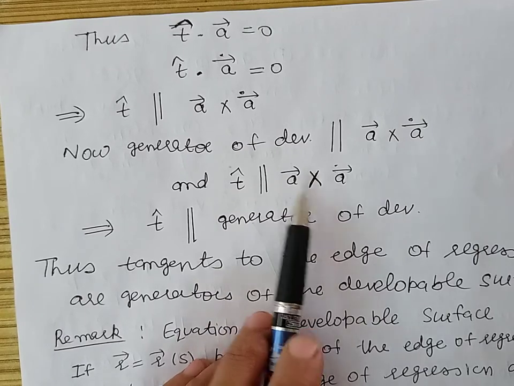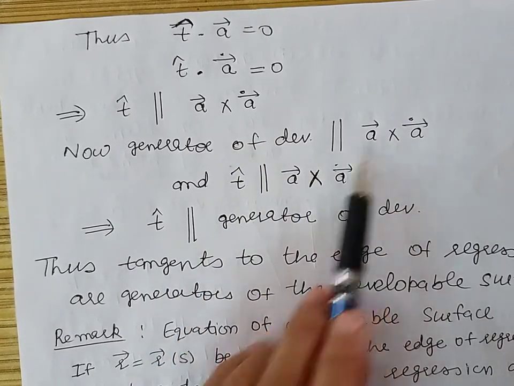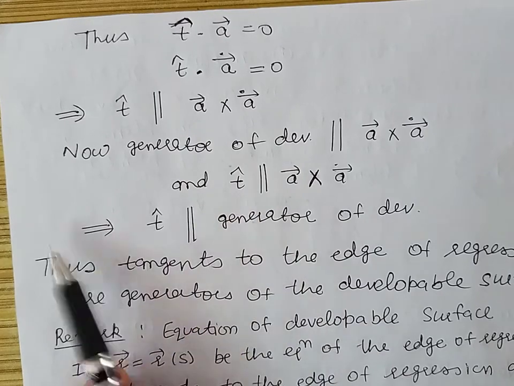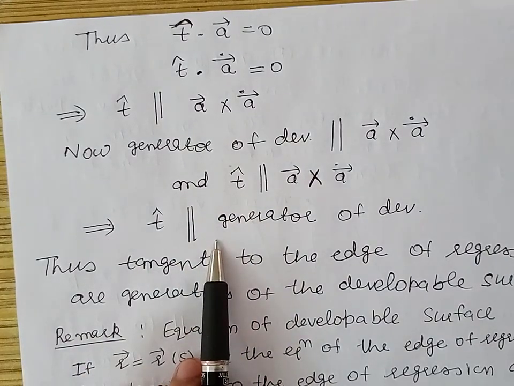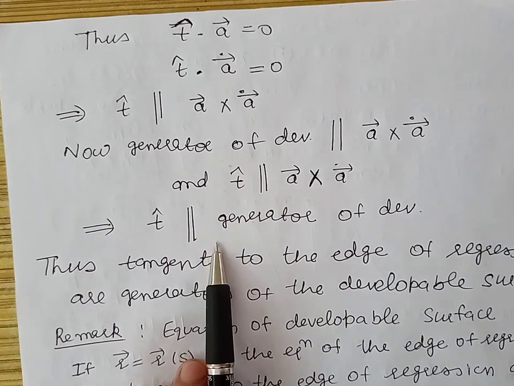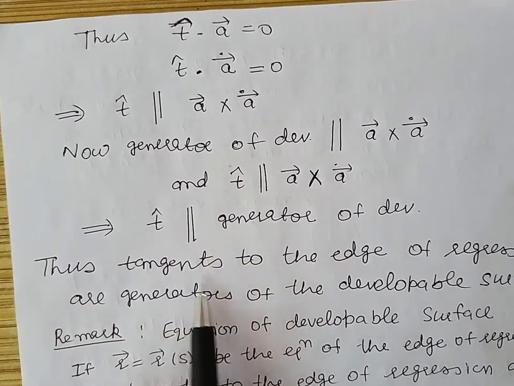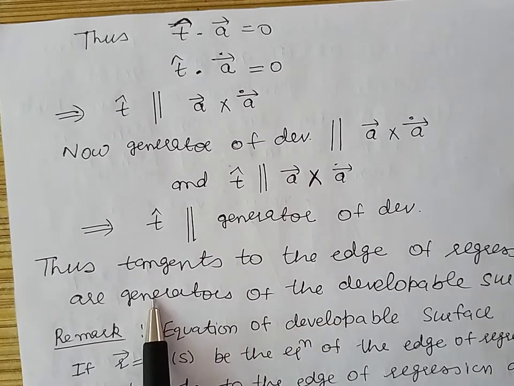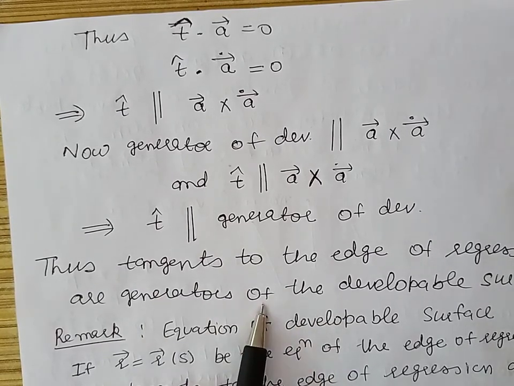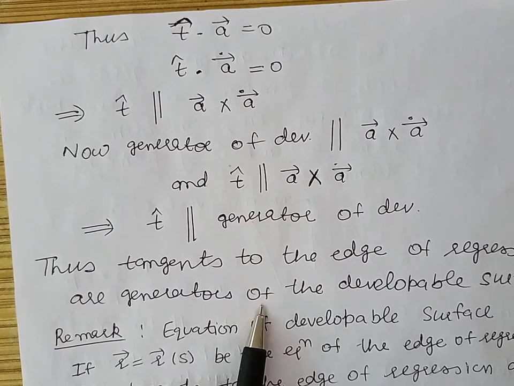So we can say that t cap is parallel to the generator of the developable. Thus we have proved that the tangents to the edge of regression are the generators of the developable surface, and this completes the proof of the theorem.